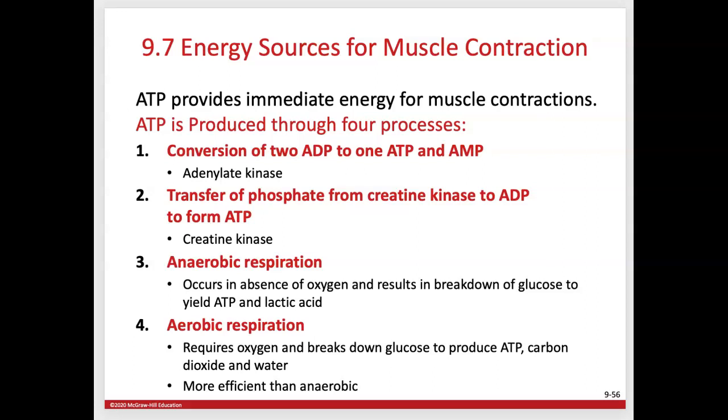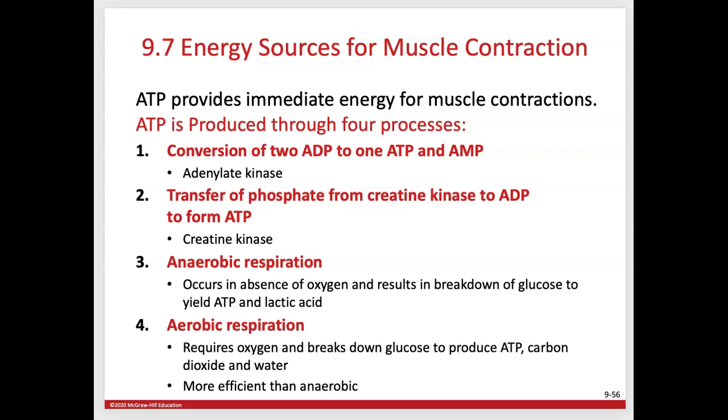The third way is through anaerobic respiration, and basically it is a fairly quick process, but makes very little ATP. It occurs in the absence of oxygen, or very low oxygen, and results in the breakdown of glucose into lactic acid.